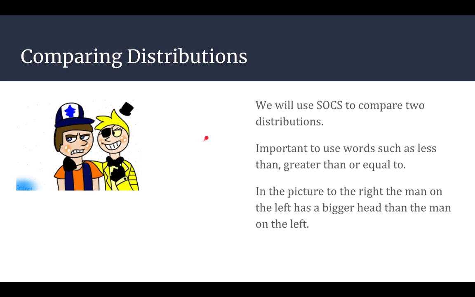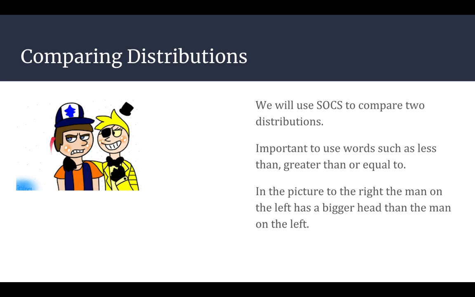Once I know, and let's say I have more than one distribution and I want to compare those, well, what you do is you use those things that we just talked about, socks, when we describe things. But now we're going to have 2 different distributions that we did all these things for. We collected our socks for both of them. When I'm comparing things, it's real important to use words such as less than, greater than, or equal to.